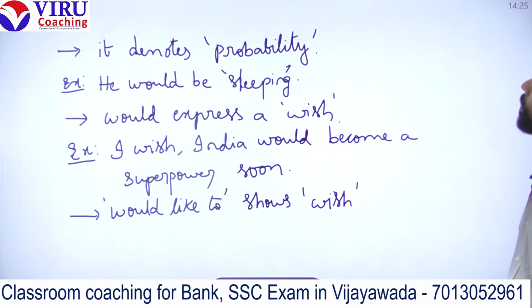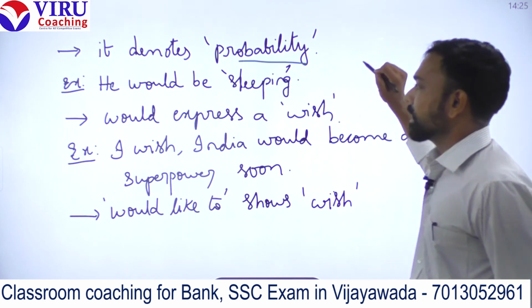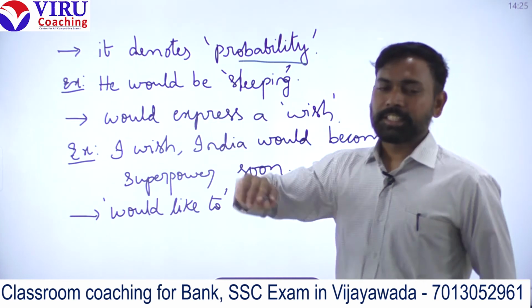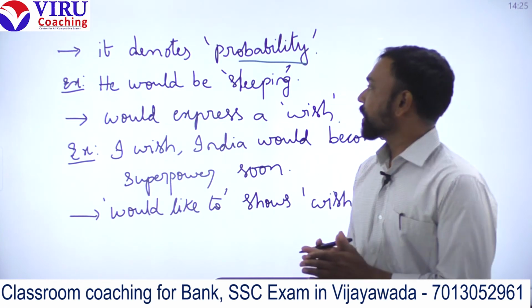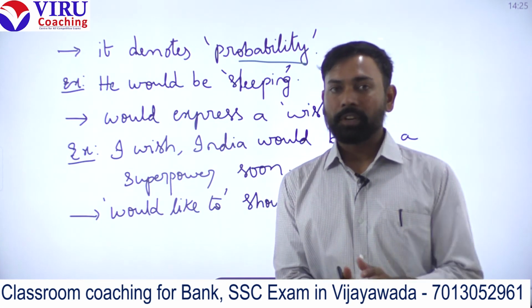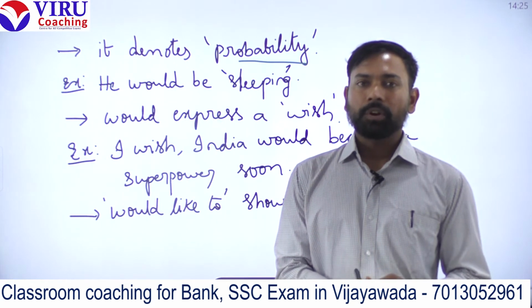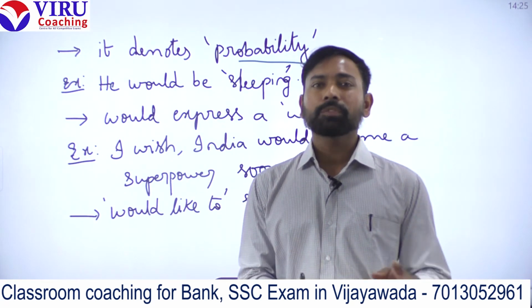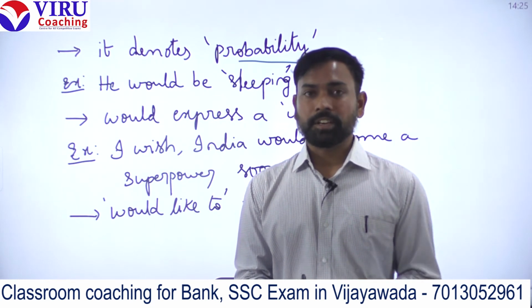Would denotes probability. He would be sleeping. So it is a probable action here, you're guessing. He would be studying now. I would not call him. I won't go to meet him because he would be on the job. He would be working right now.